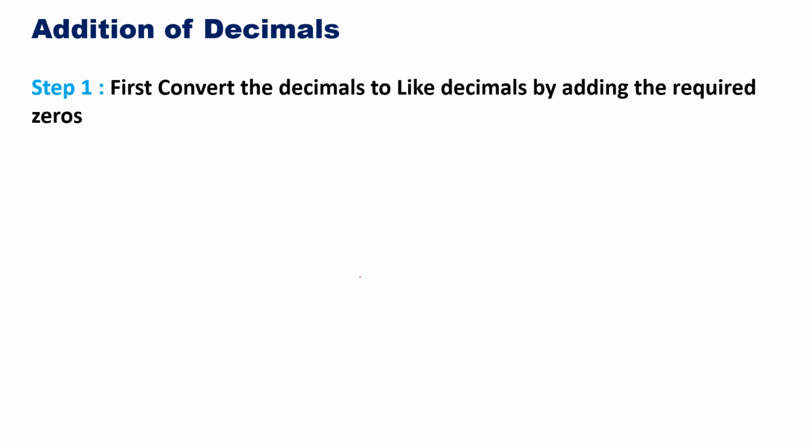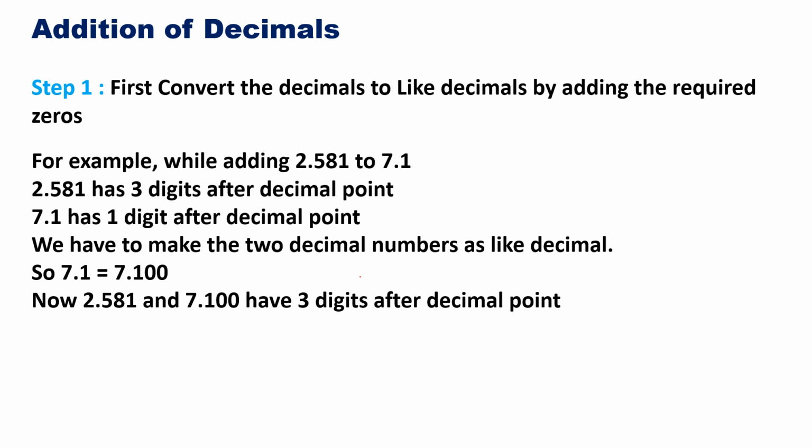Addition of decimals. For addition of decimals, we have to convert the decimals into like decimals by adding the required number of zeros. Let's see one example. Here we have to add two numbers, that is 2.581 and 7.1. In 2.581 there are 3 digits after the decimal point, and in 7.1 there is 1 digit after the decimal point.